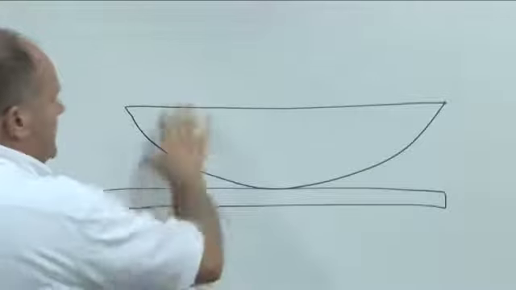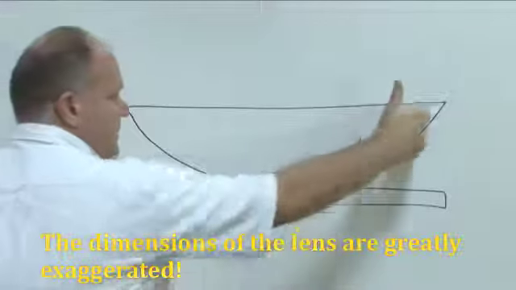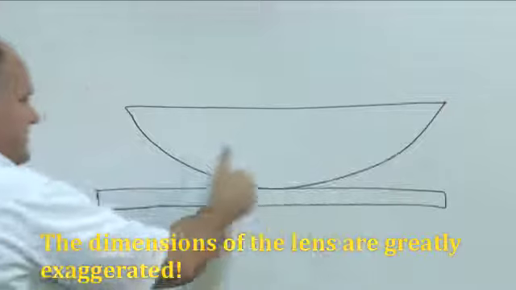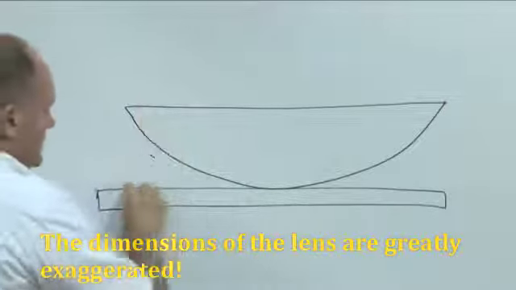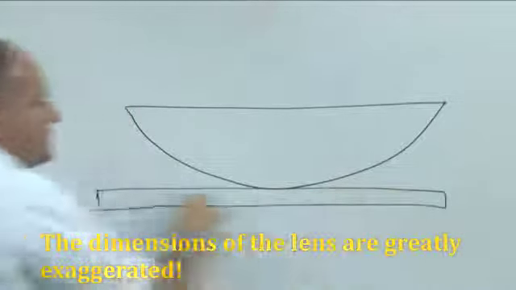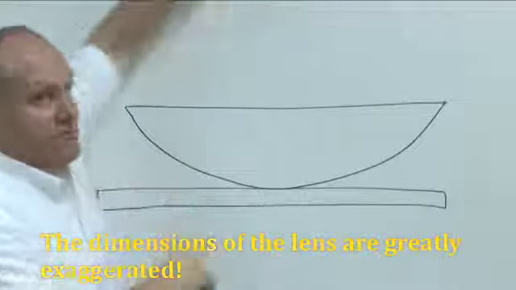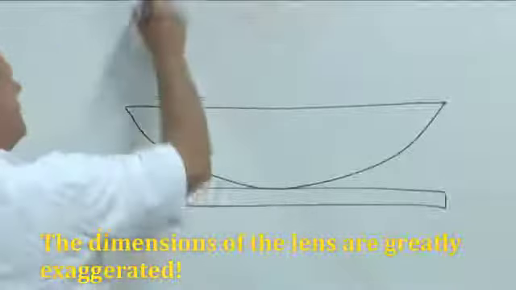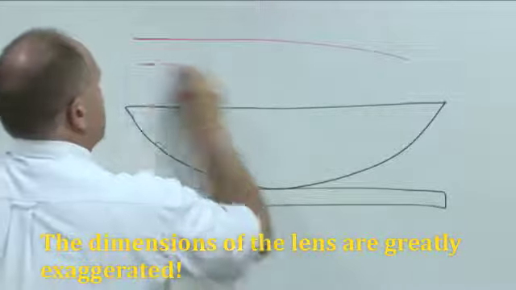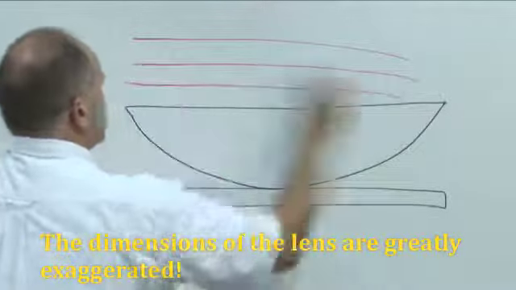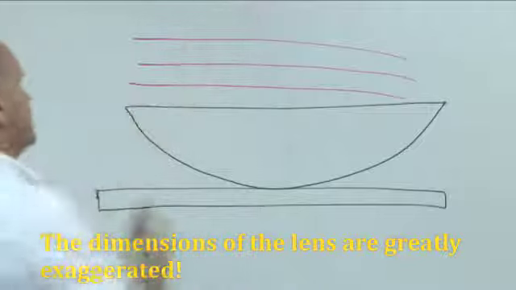We have a piece of glass on top with a spherical surface lying on top of a flat piece of glass. Sodium light is shining from directly above. The waves look like this, or a single wave train looks like this.